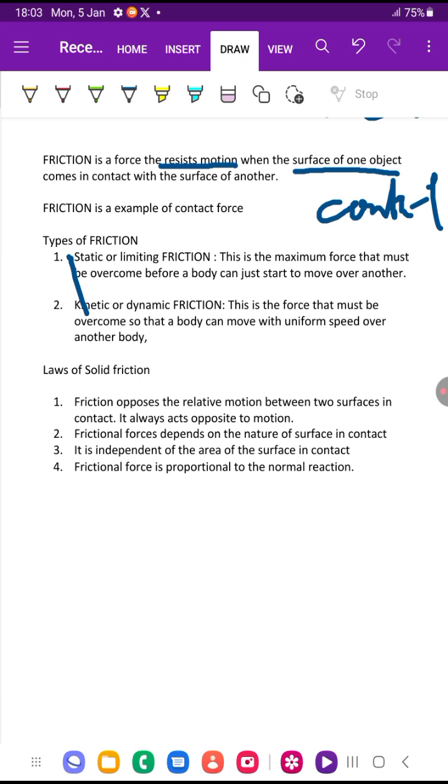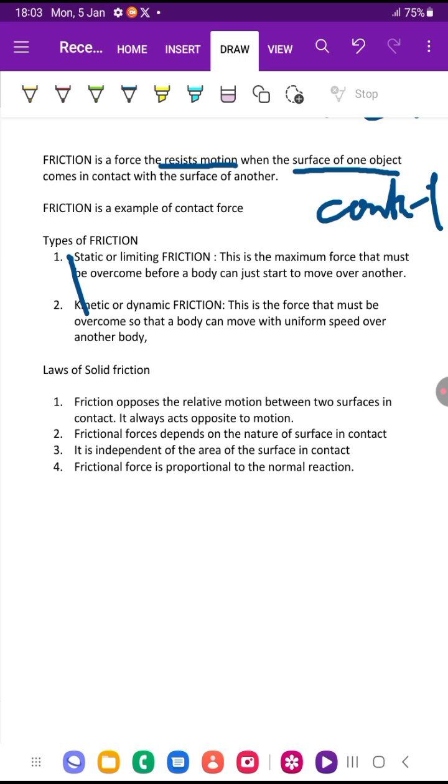So don't forget, static friction is the friction that must be overcome before a body can move. Then the second one is the force that must be overcome so that the body will move at uniform speed.